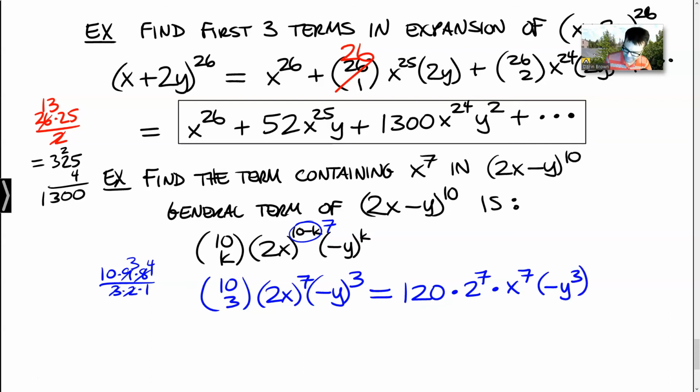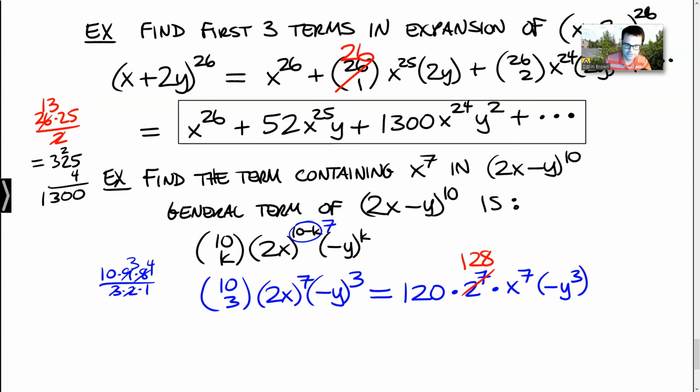Okay, what's 2 to the 7th? 2 to the 7th is 128. Okay, and then 120 times 128. What is 120 times 128? So, there's no shame in using a calculator here. 15,360.